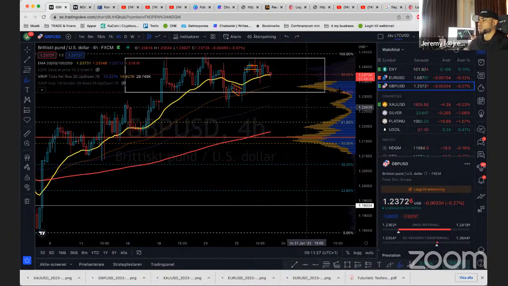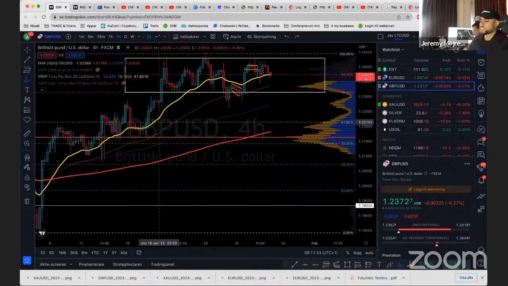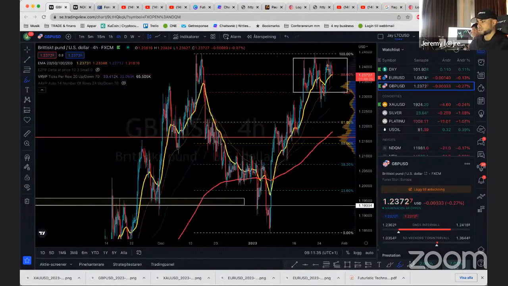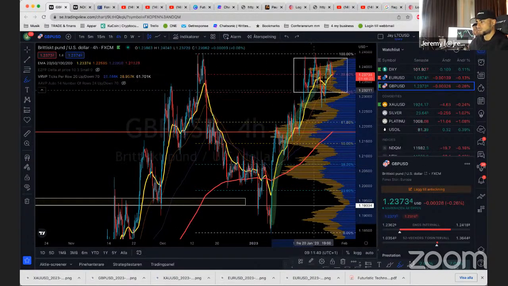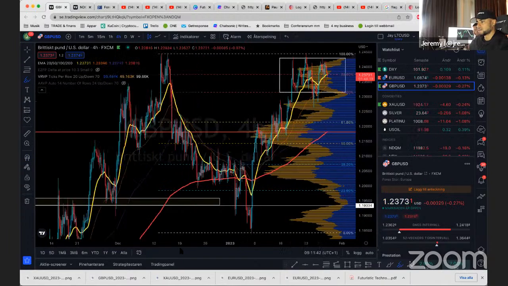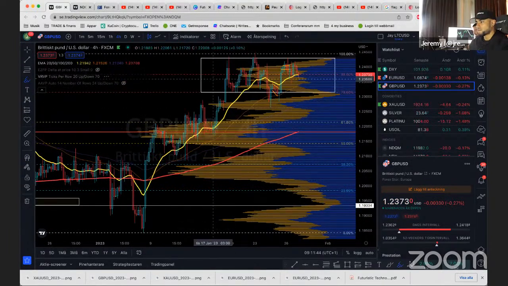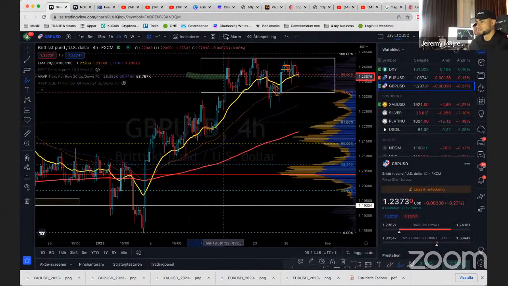And it also tests that 88.6 Fibonacci retracement that I showed you guys from this swing here. So this whole retracement, now it's retesting that zone from the top. So it means it retested as support, all right?